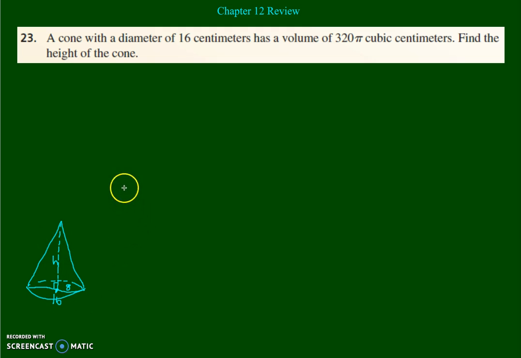So let's write down our formula. Volume equals 1/3 area of the base times height. They gave us the volume as 320 pi. 320 pi equals 1/3 area of the base. Area of the base is a circle, so it's going to be pi 8 squared times the height.